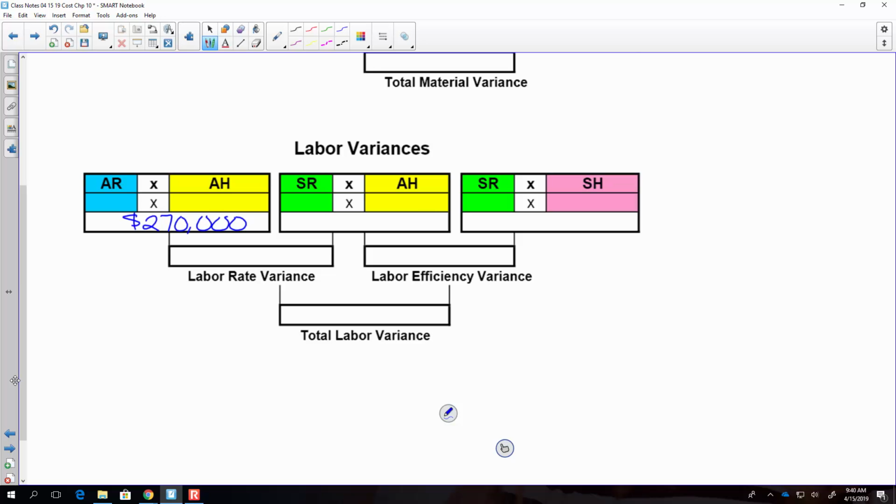Actual hours. Actual hours, yeah. Perfect. And obviously we can take our calculator and come up with the actual hourly rate. Since we're down here, we might as well do that. And what do we get?